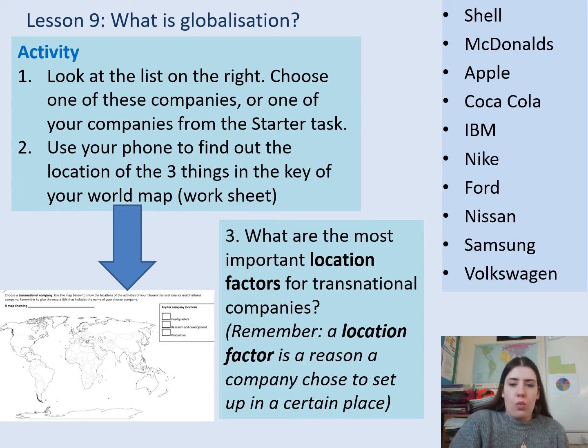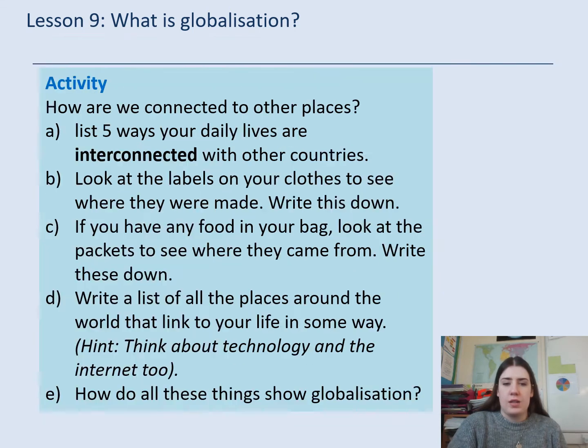So what are the most important location factors for transnational companies? And you will answer that after you've done the worksheet task. So this should take you probably about 8 minutes, maybe 10, considering you're doing some research. So pause here to finish that.